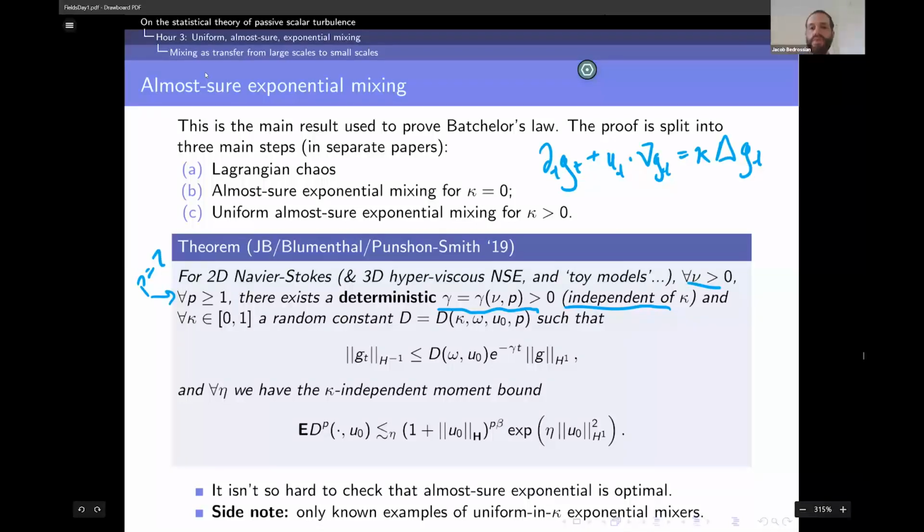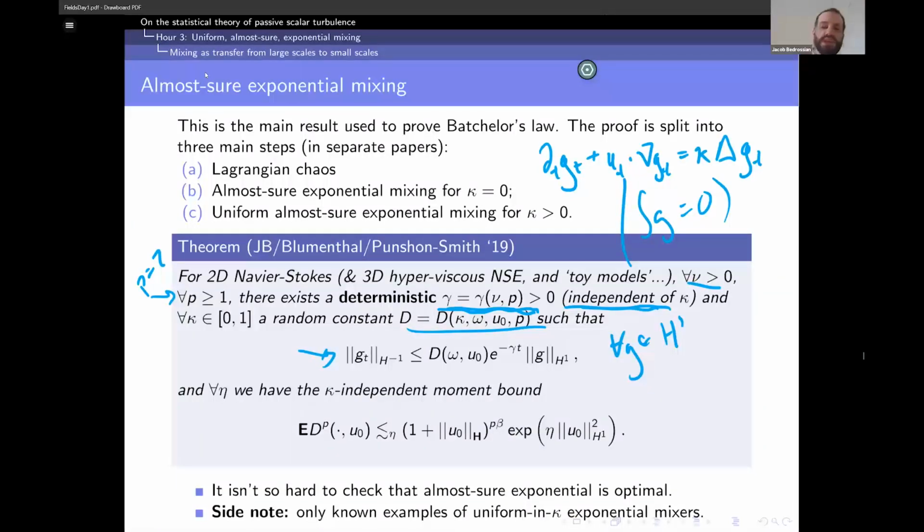Well, we first had to prove it without the kappa, and then we had to prove it with the kappa. So there's a deterministic number independent of kappa, such that you get a random constant D, so that this holds for all g in H1. Of course, everything is average 0. Everything I'm ever talking about is average 0.